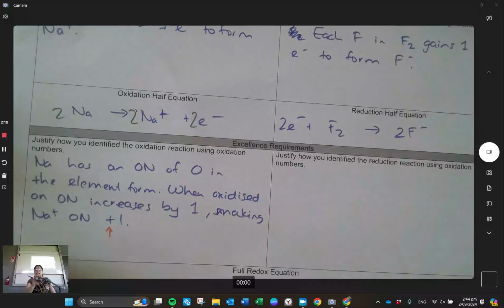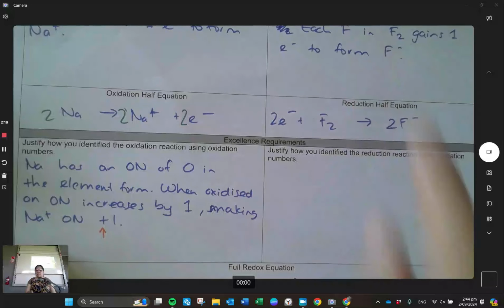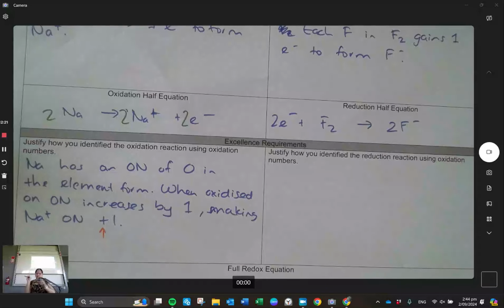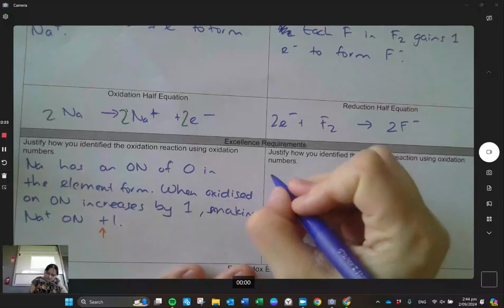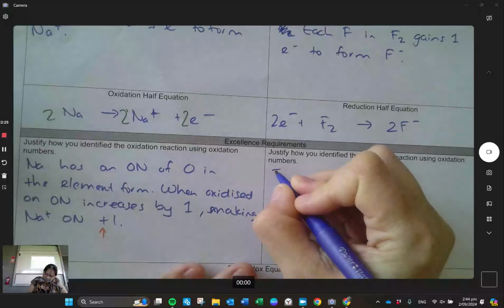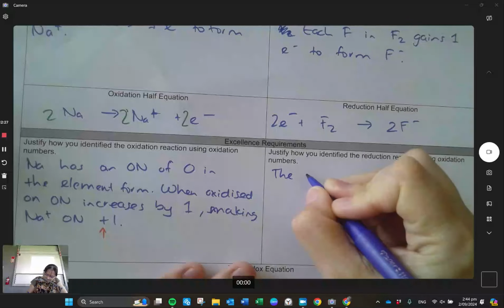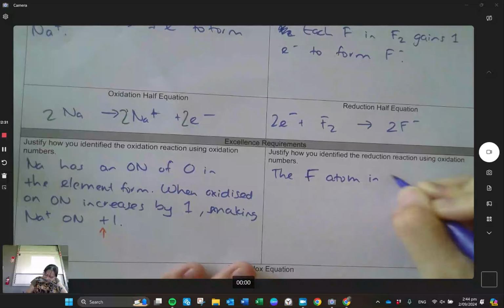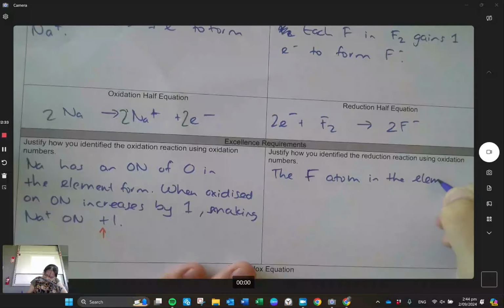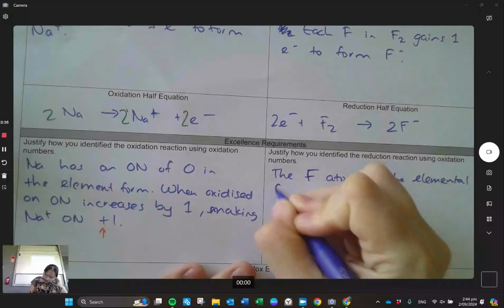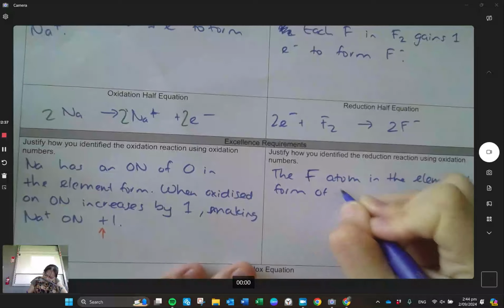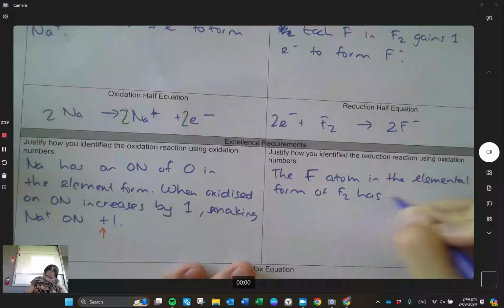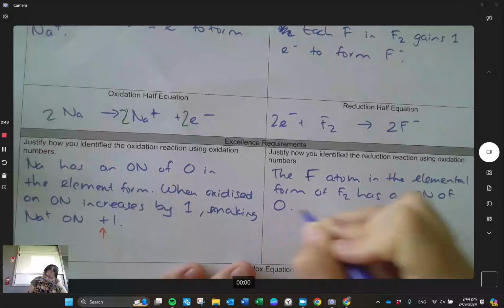In this case, because of fluorine being that weird double for the molecule, the atom in the elemental form has an ON of 0.